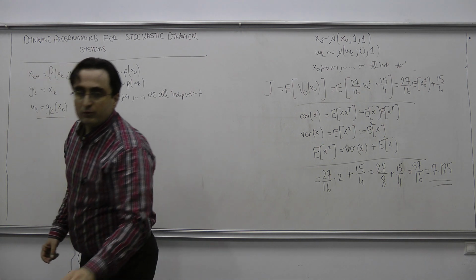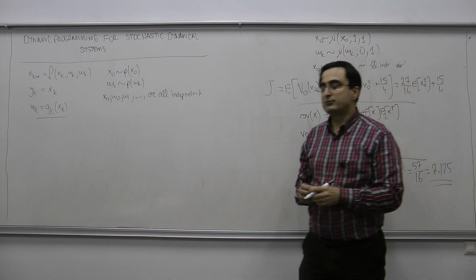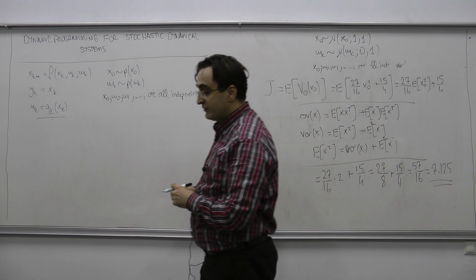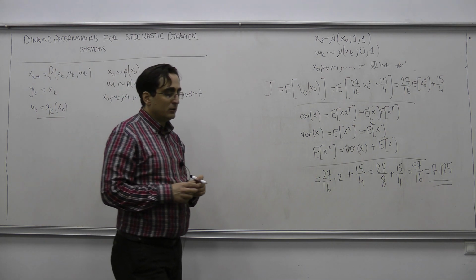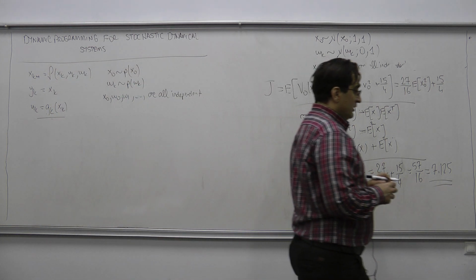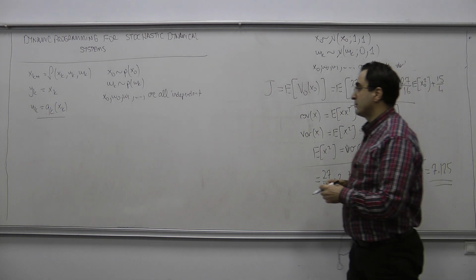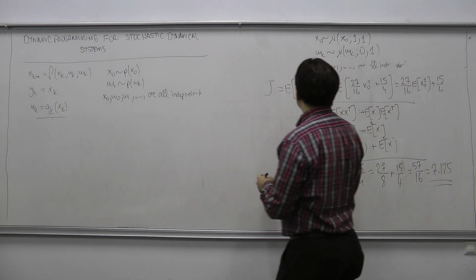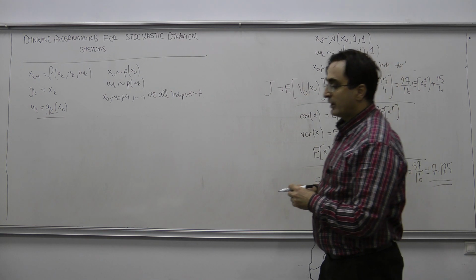In this case, we are going to do exactly the same of what we did for finite state Markov chains, okay? And in order to be able to find the optimal feedback policy, optimal Markov feedback policy, we are going to try to minimize these cost to goes at each step, okay?